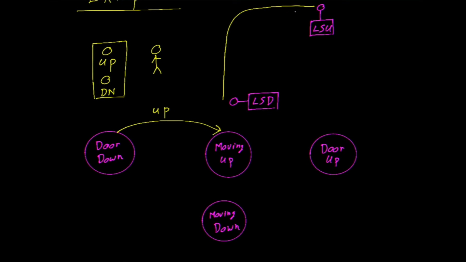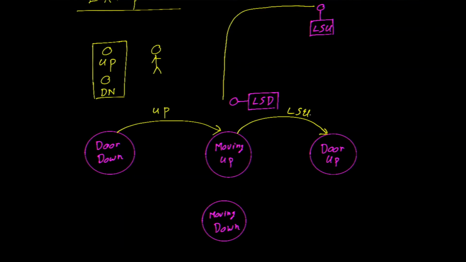When the door has moved all the way up, it will push against this limit switch. On our state diagram, that looks something like this. So limit switch up transitions the door from the moving state to the door is resting in the up state.